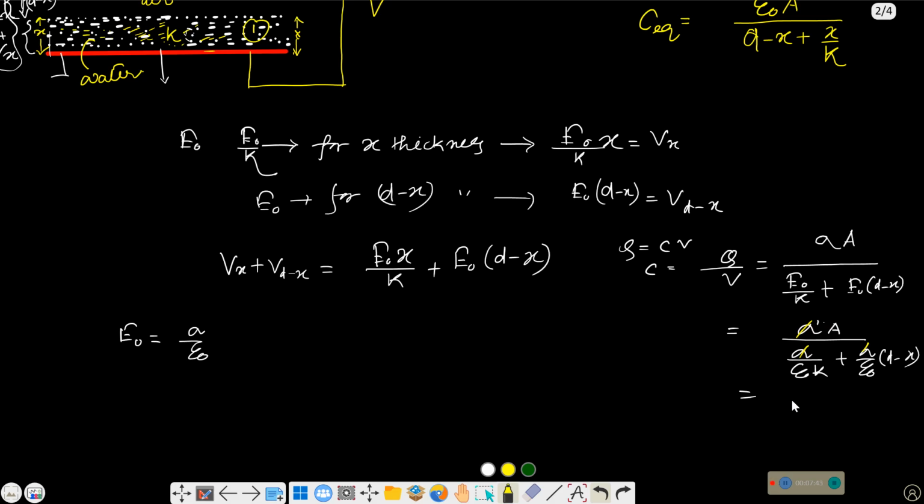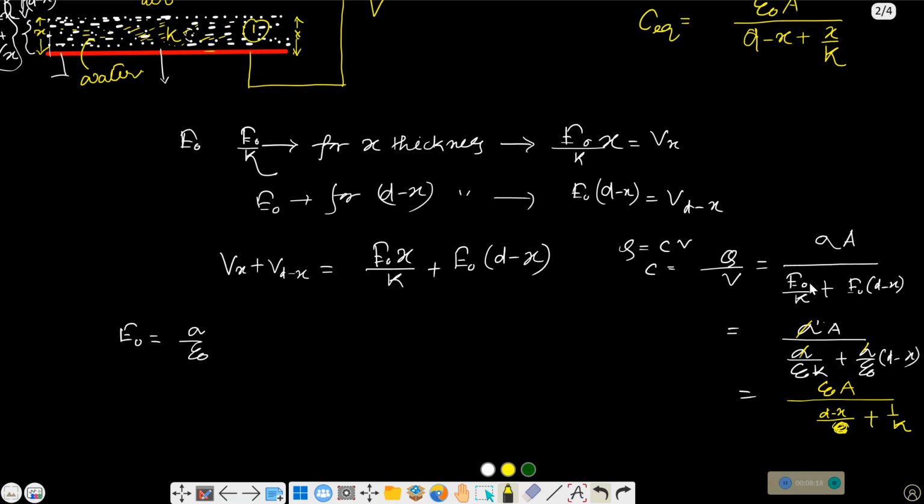We will be left with epsilon naught. If we take it up in the numerator, epsilon naught A, it will be d minus x by epsilon naught, plus 1 by k.